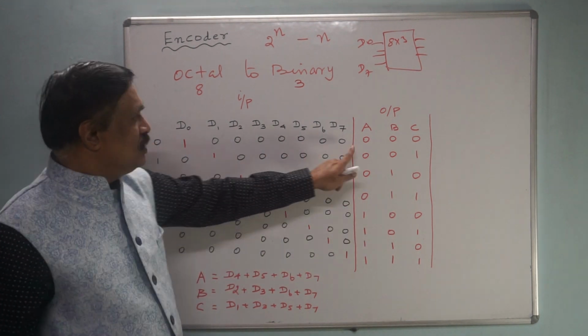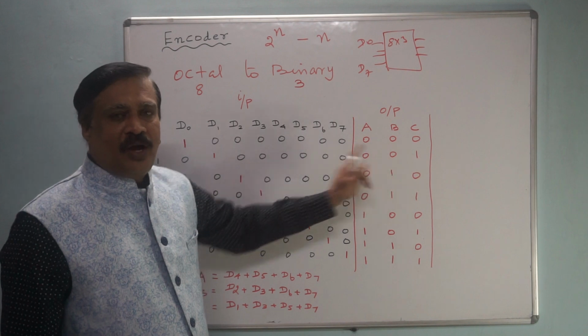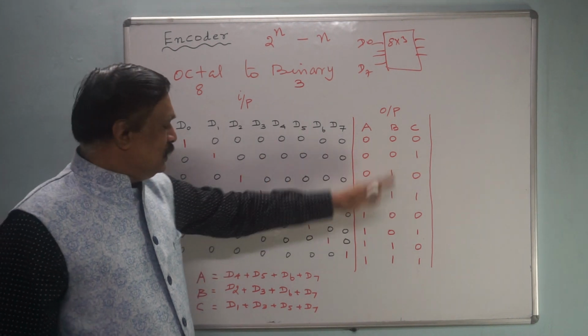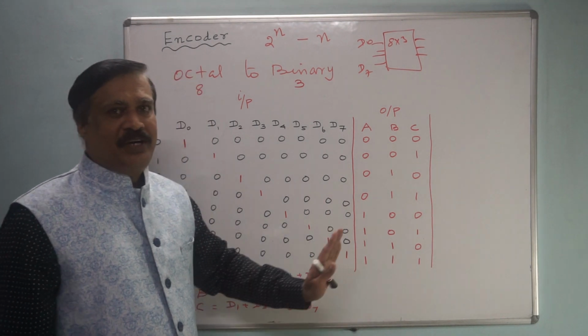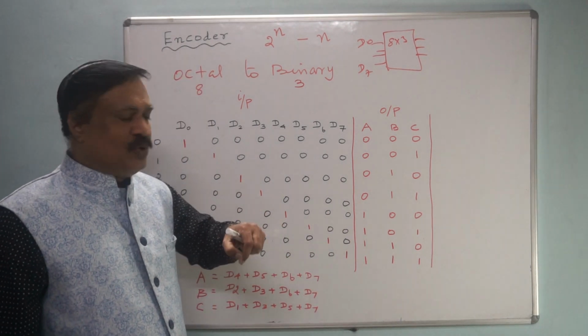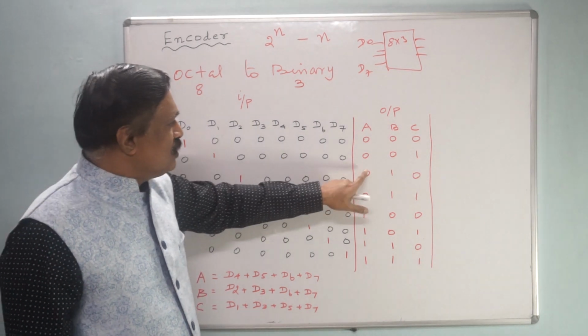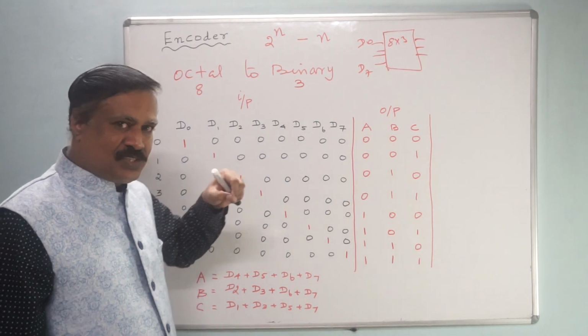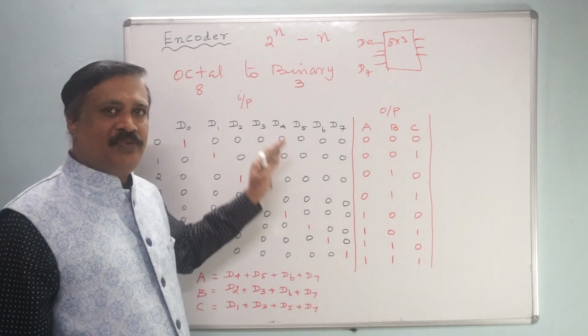For 0, 0 0 0 is the binary. For 1, 0 0 1. And for 2, 0 1 0. Up to 7, 1 1 1 is the equivalent binary. That means when you press 0, this number is generated. When you press 2, this number is generated. When you press 7, this number is generated. That is the concept of encoder.